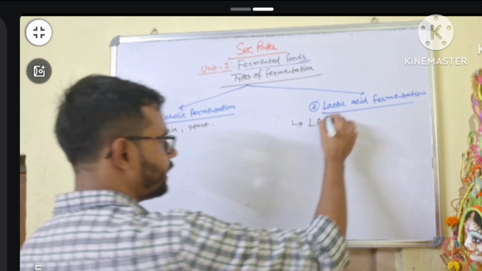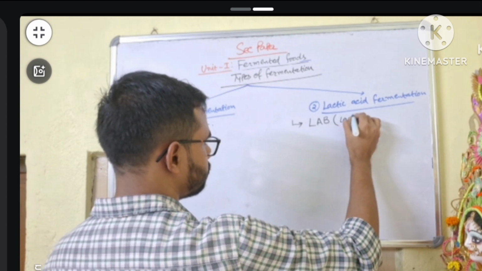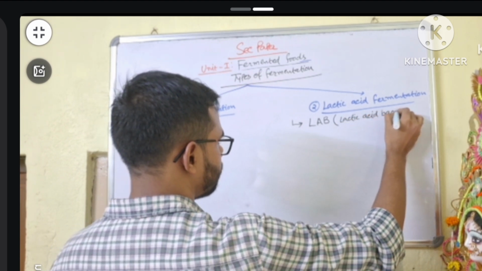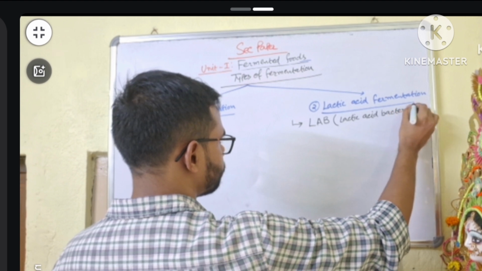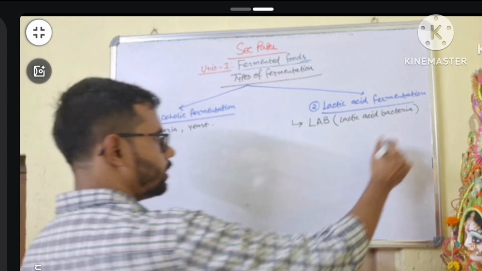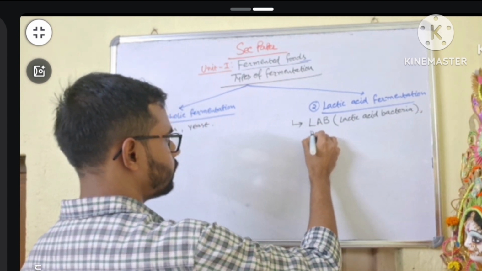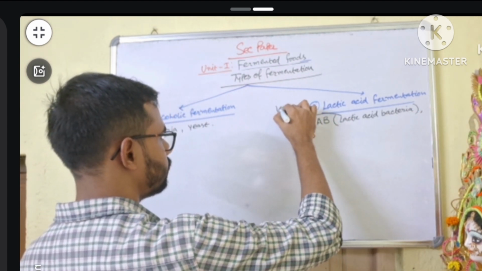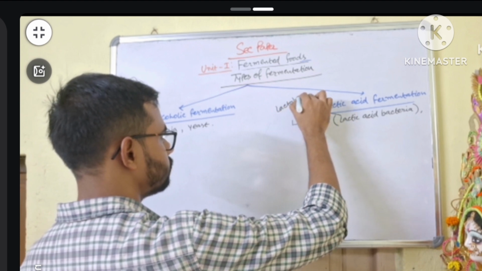The full form of LAB is lactic acid bacteria, a group of bacteria that actually produce lactic acid during fermentation. Lactobacillus is one example of lactic acid bacteria.